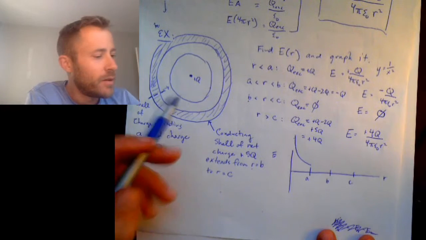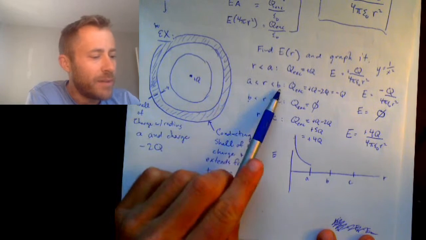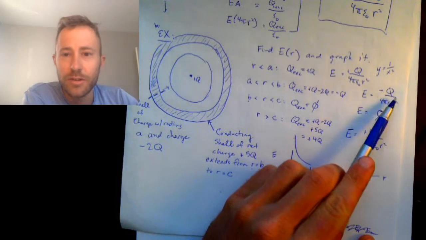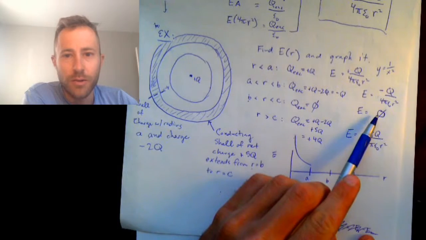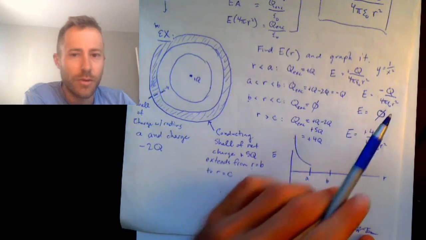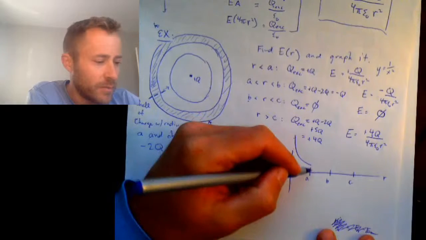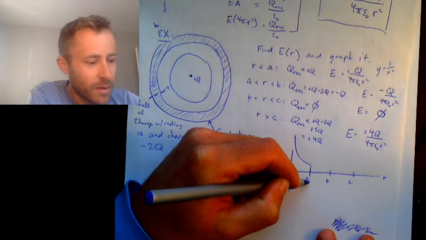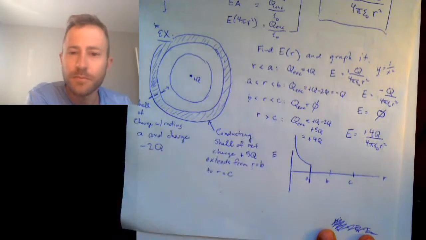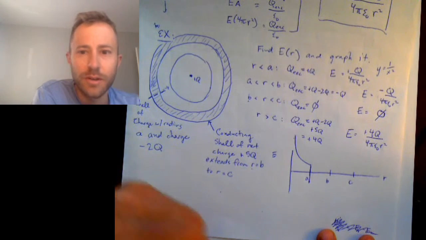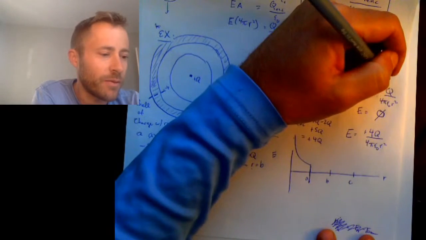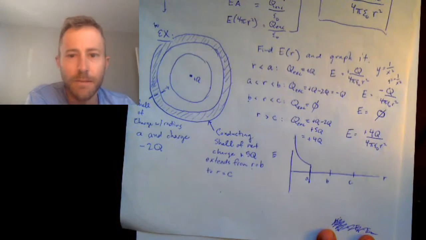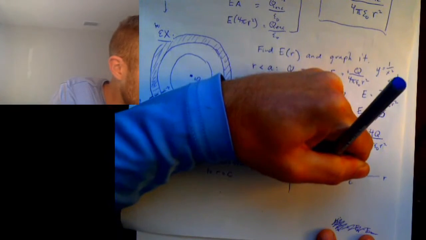And then when R is between A and B, it's now equal to minus Q over 4 pi epsilon naught r squared. So it's going to abruptly change sign to this value, and now it's going to look like a graph of y equals negative 1 over x squared, okay? And it's going to continue to decrease.